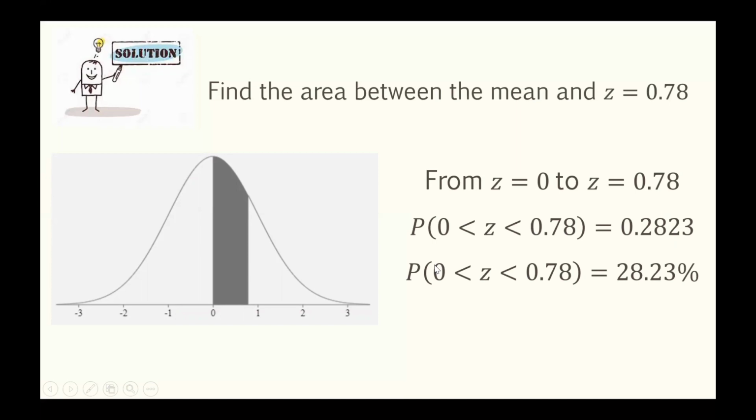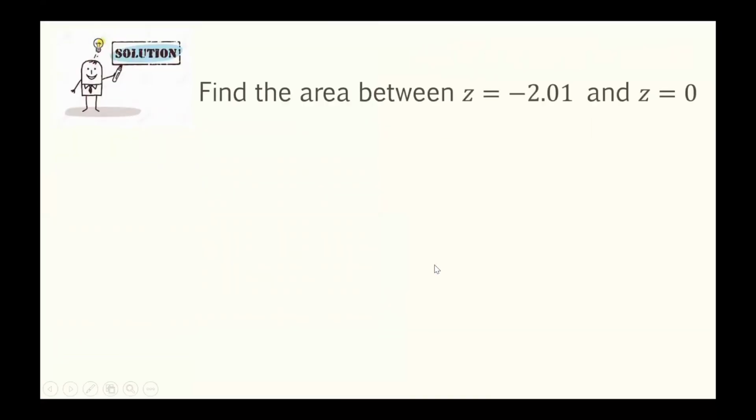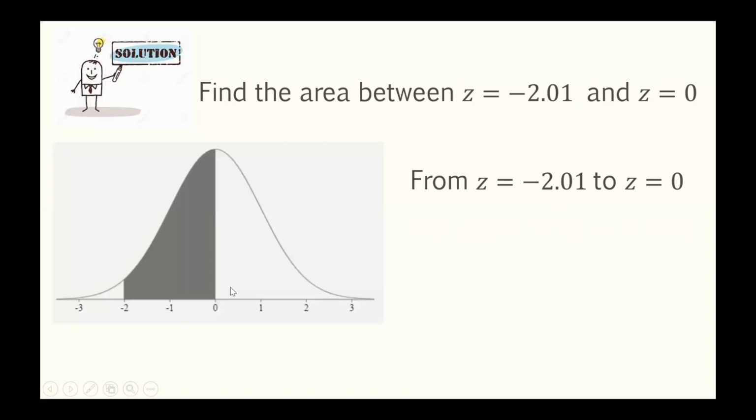And last number, find the area between z equals negative 2.01 and z equals 0. When we say between z equals negative 2.01 and z equals 0, that is from z equals negative 2.01 to z equals 0, or the mean, which is located at the center. We're going to draw the curve. We're going to start from negative 2.01 up to 0 and then shade that part.